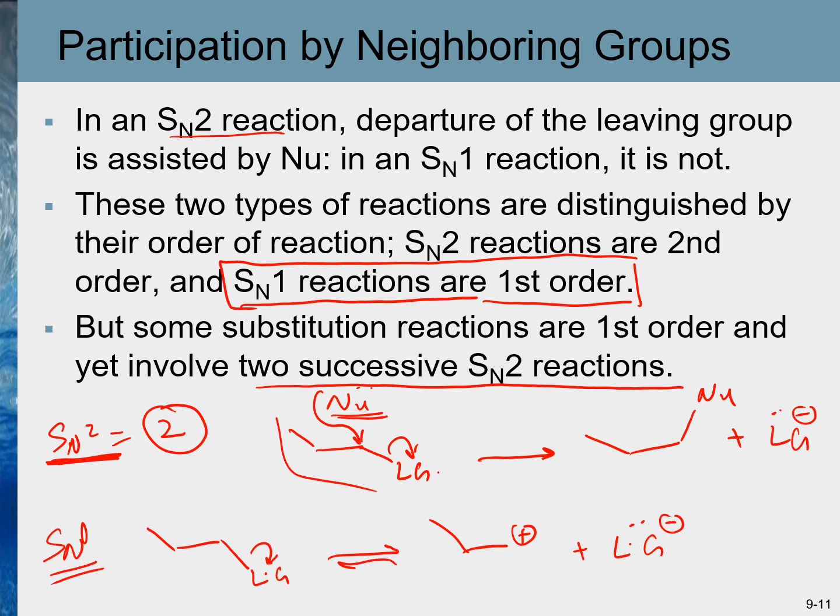This neighboring nucleophile participates in the departure of leaving group to give an intermediate which then reacts with an external nucleophile to complete the reaction. These reactions are facilitated by participation by neighboring groups.